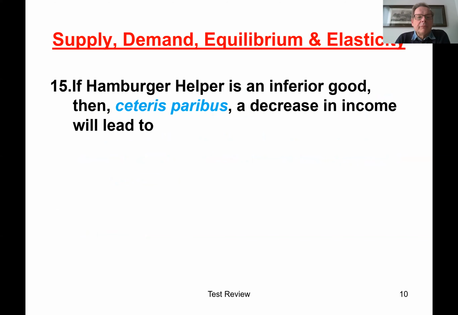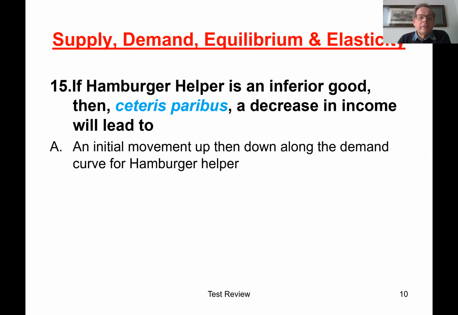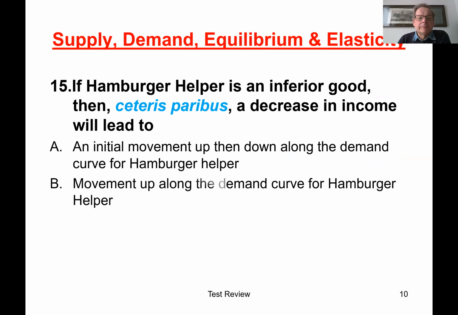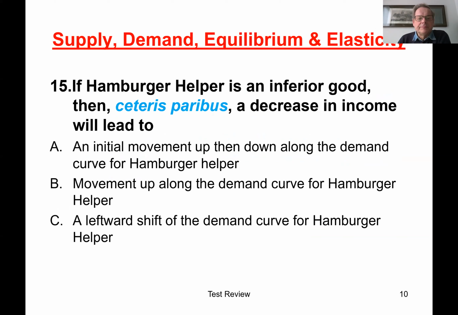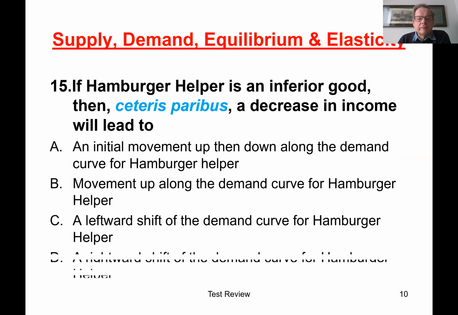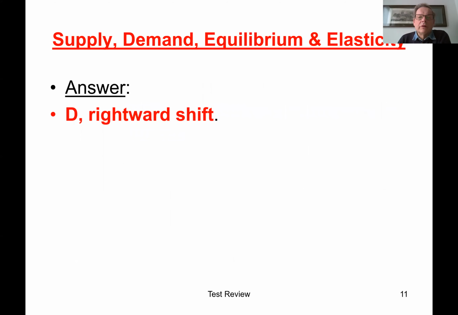Question number 15. If Hamburger Helper is an inferior good, then ceteris paribus, a decrease in income will lead to A, B, C, D. Our answer here is going to be a rightward shift.